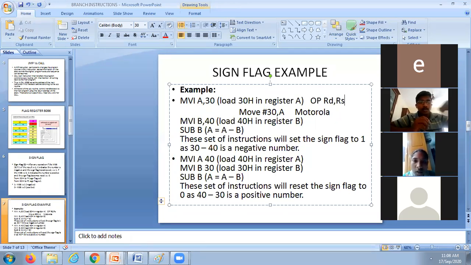This is the Intel processor. Whereas here, this Motorola processor follows opcode followed by source followed by destination. Understood or not? Is it clear?